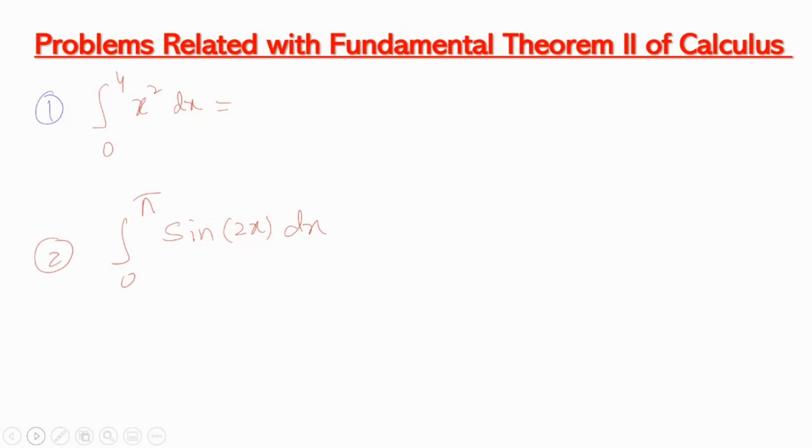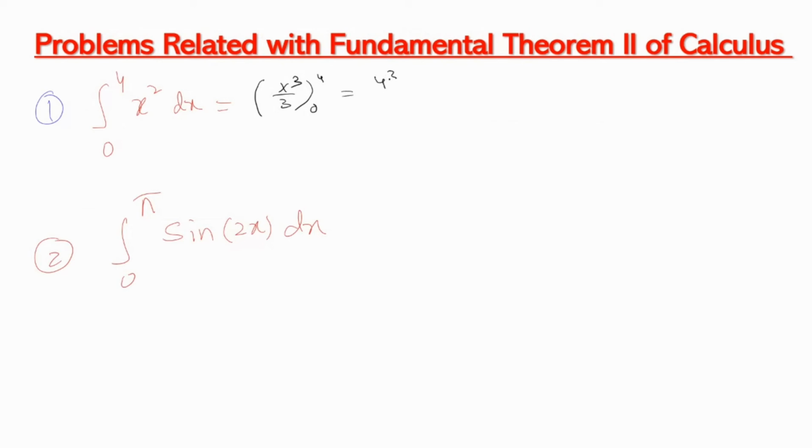So now we will consider different problems, and for this part at this moment you should know the antiderivative of each of the functions, then you can solve it. So first problem is the integral of x square dx. In this case the antiderivative is x to the power 3 over 3 and the limit is 0 to 4.